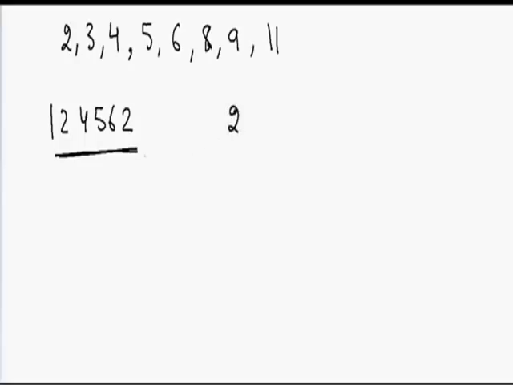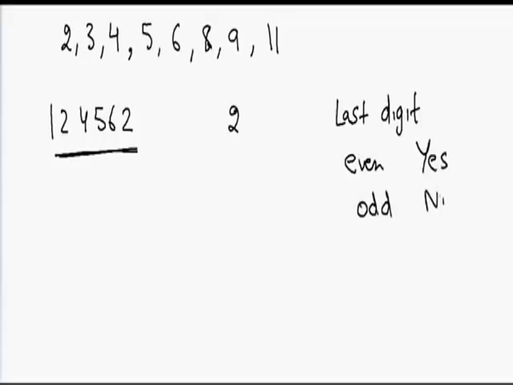For this test it is very easy. We have to look at the last digit, and if it's even, then yes, and if it's odd, then we'll say no. Here the last digit is 2, so it should be divisible by 2 because it's an even number at the end.